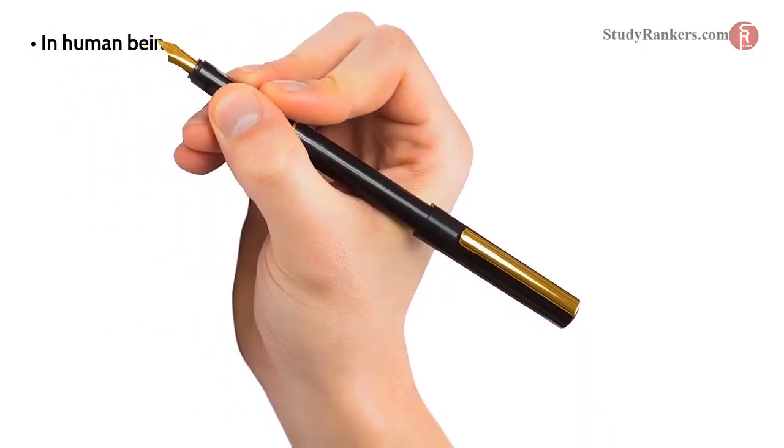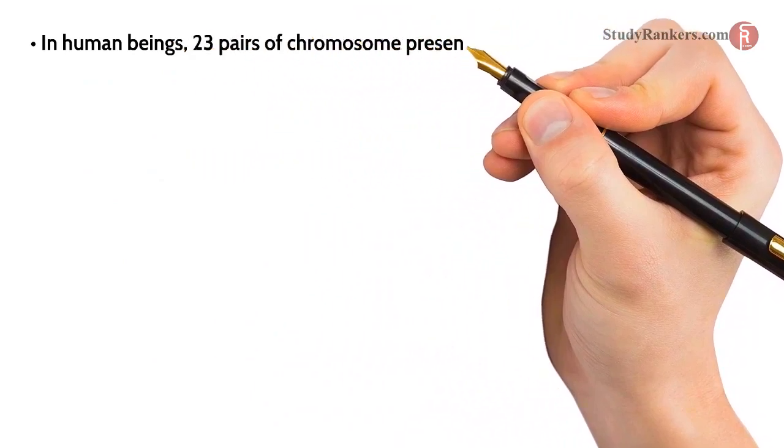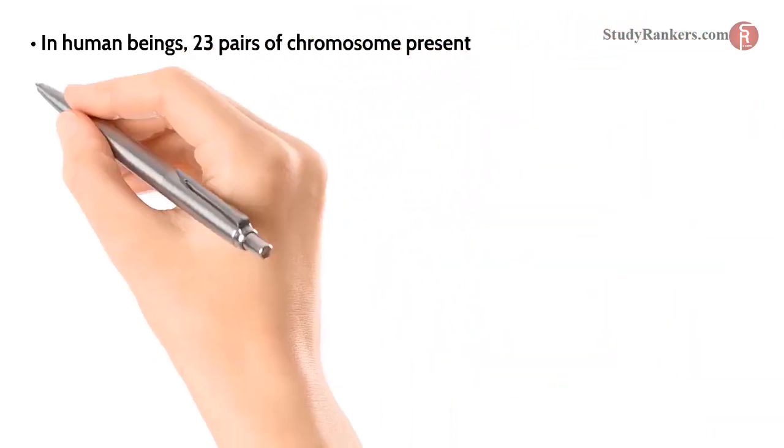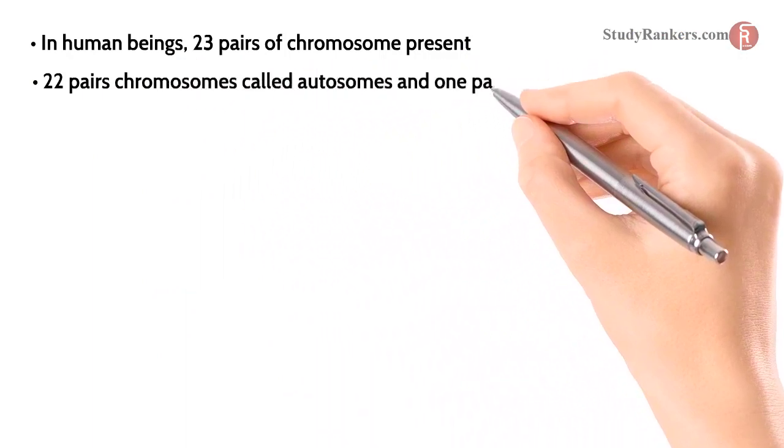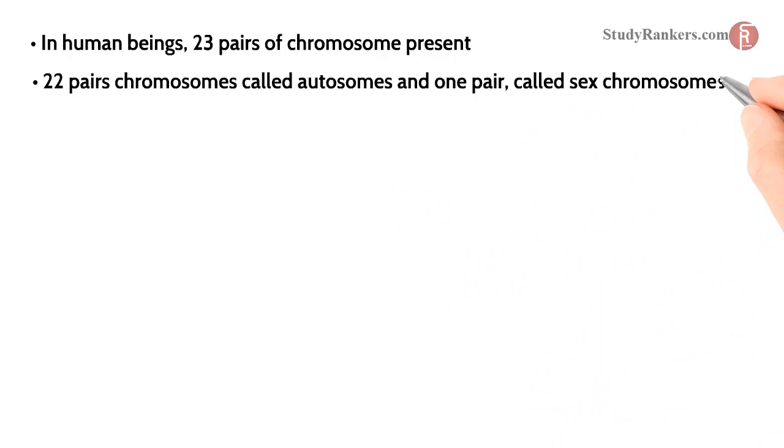In human beings, 23 pairs of chromosomes are present. Out of these, 22 pairs of chromosomes are called autosomes and 1 pair is called the sex chromosomes. All human chromosomes are not paired.